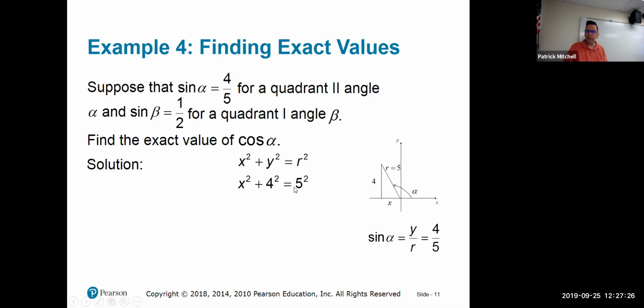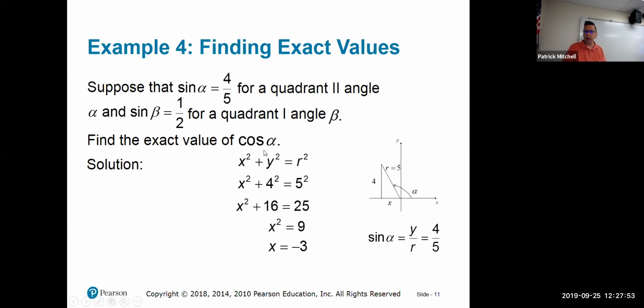We know y is 4. We know r is 5. I solve that for x. Now remember, and it helps to look at the picture, if x squared is 9, normally that tells you that either x is 3 or x is negative 3. In this case, x is negative 3 because this angle is in quadrant 2, right? So now we know x is negative 3.